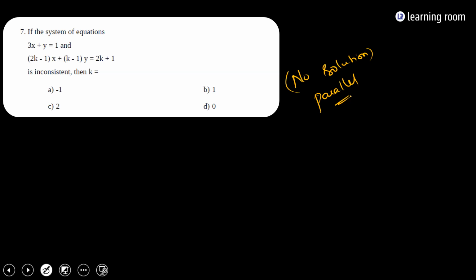When I asked you what is inconsistent, you told me no solution, correct? You're saying they are parallel lines. Coincident lines also. Because it has no solution, it is inconsistent. Then I can contradict it by saying that it can be coincident lines also, no?